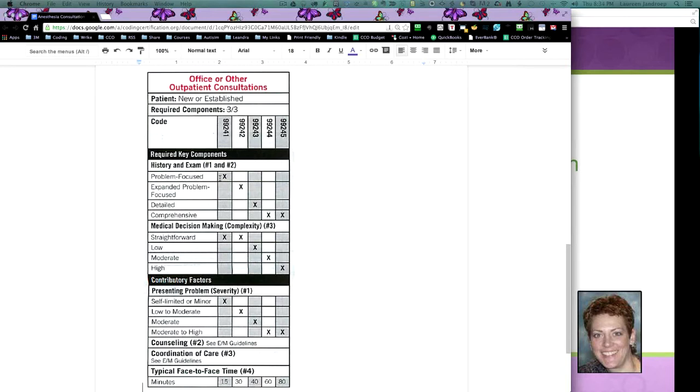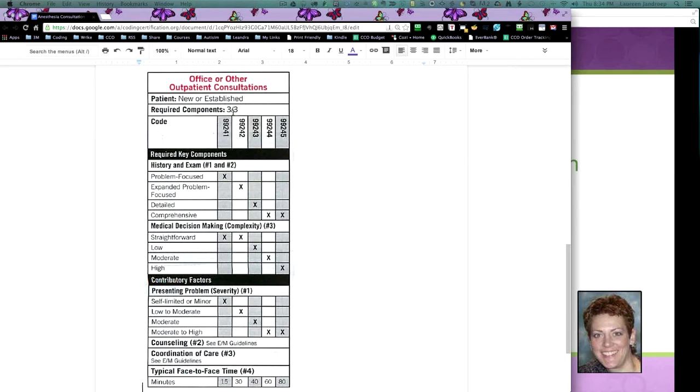So if it's problem-focused, even if you have high medical decision-making, because you have to meet all 3, for a 99245 you need a comprehensive history and a comprehensive exam. We don't have that if it's problem-focused, so we can't code a level 5. Can we code it if we have moderate medical decision-making? No. If you still have a problem-focused history, it's going to pull it down to a 241. Okay? So that's how it works with these key components when it's 3 of 3, which consults are.